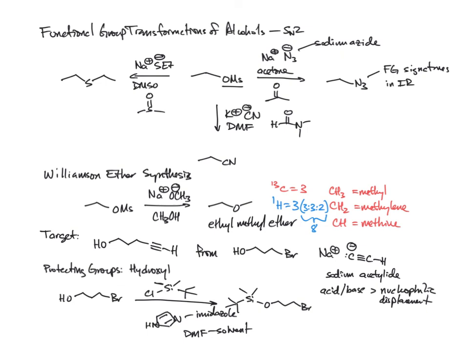You can think of it as SN2 chemistry with acid-base chemistry in there, and essentially what we are doing is removing that acidic proton. We're putting this protecting group on so that now we can treat this with the sodium acetylide.